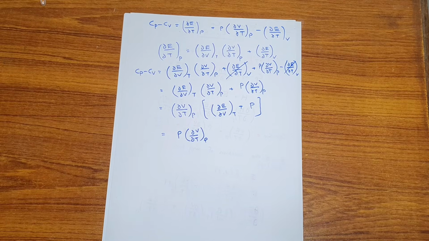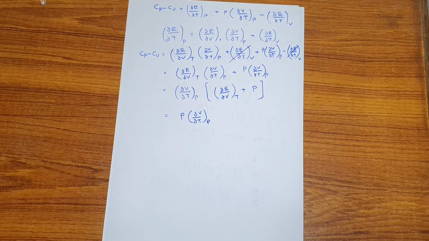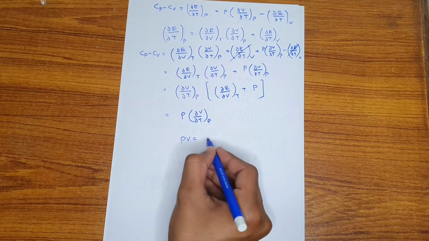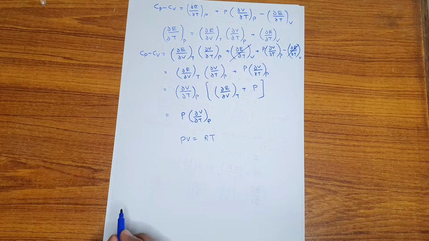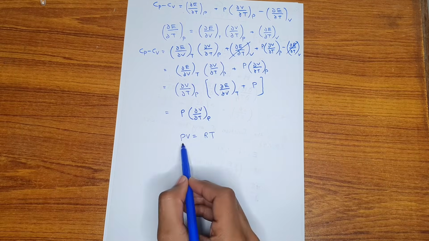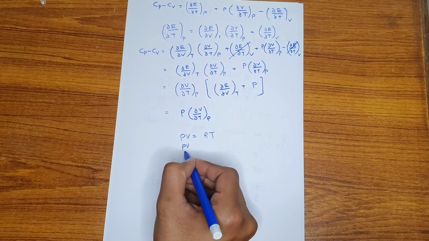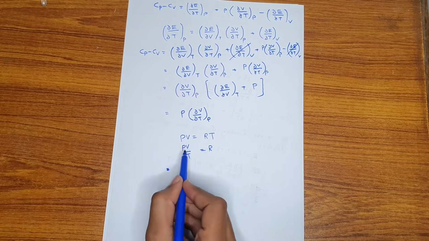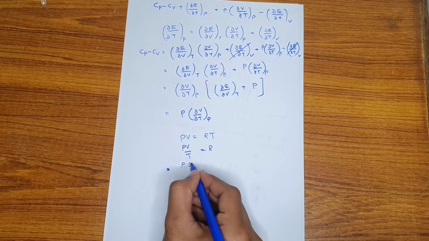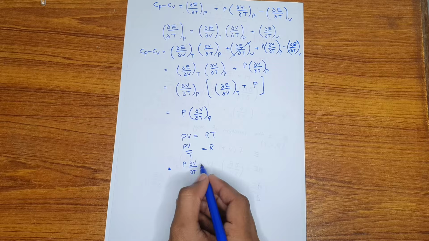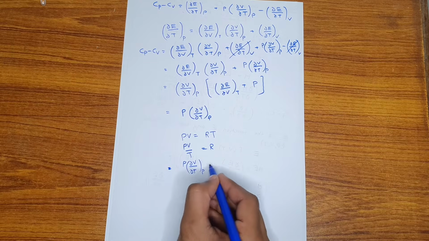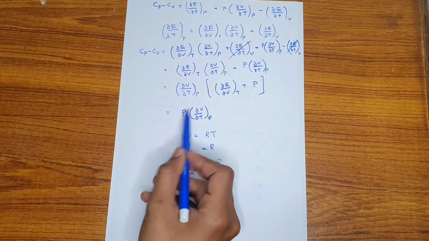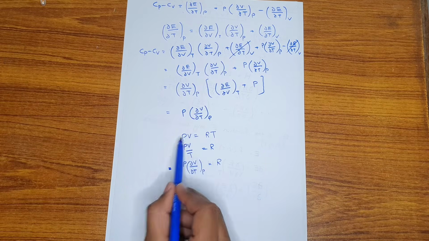And again, as you know, the general gas equation is PV is equal to RT. If I divide by temperature here, that will give me PV divided by T is equal to R. So when I take the change in volume with respect to change in temperature at constant pressure, this will be equal to R. So I can say that this quantity can be taken equal to R from the general gas equation.